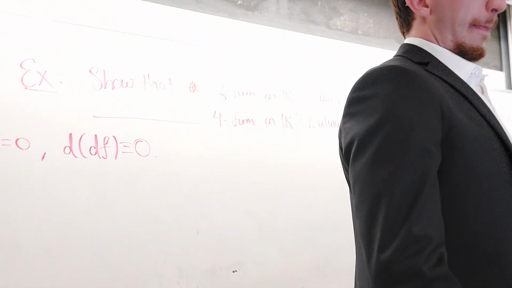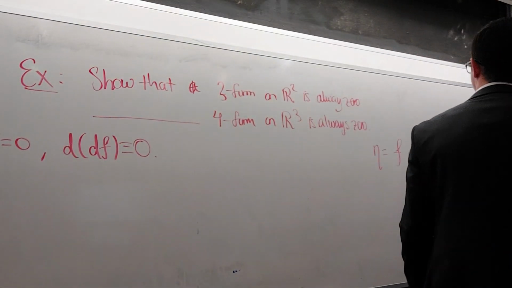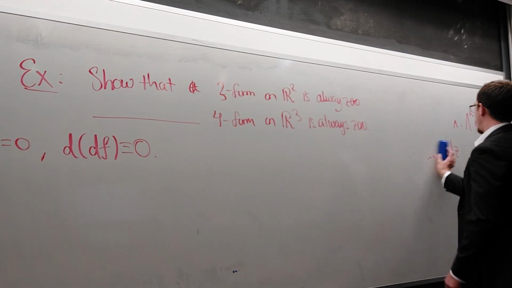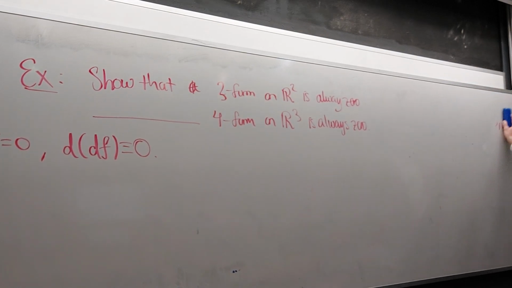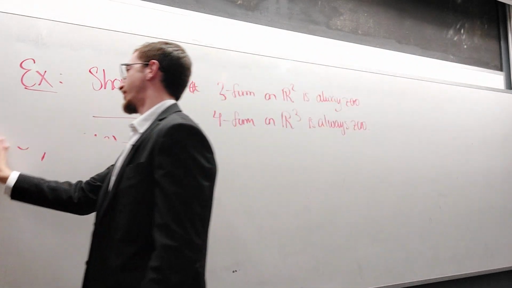So I told everyone that they needed to get very, very good at cross products. That's indeed the case, but we won't have to get too good at them because we're just going to take exterior derivatives.